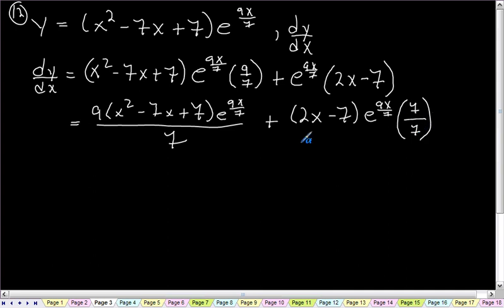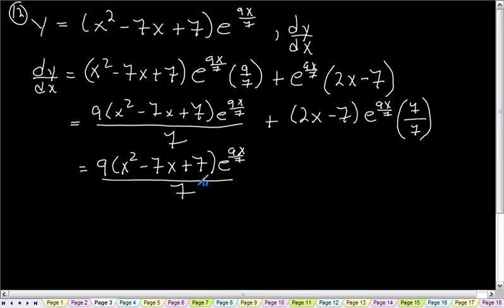Well, what that does is, this stays the same. 9x plus 2 minus 7x plus 7 e to the 9x over 7. That's going to be over 7. And the reason I chose 7 over 7, if there's 7 on the bottom, then I can add all the way across because I have the common denominator.